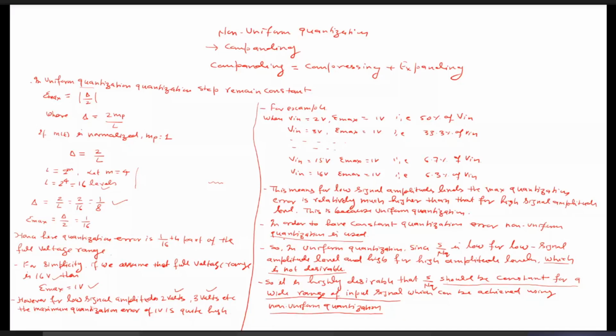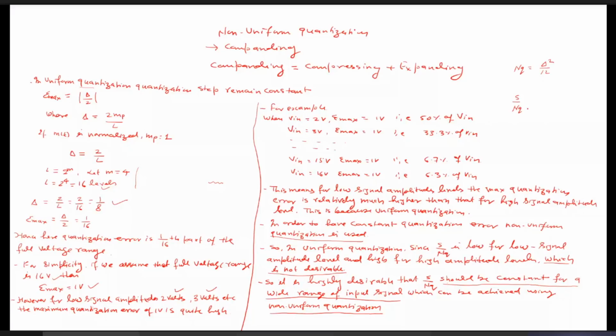In fact, what happens if we consider the signal to noise ratio as NQ? Later on we will see that NQ for the case of PCM with uniform quantization is given as delta square by 12. We will derive it. This delta is nothing but the step size.